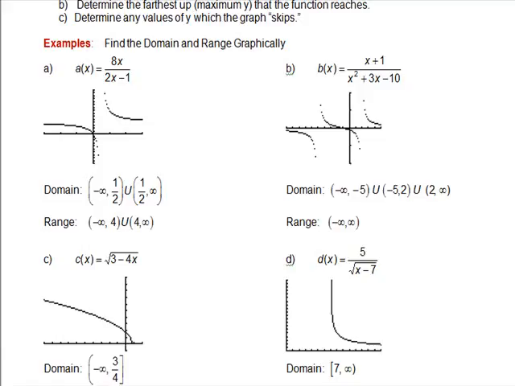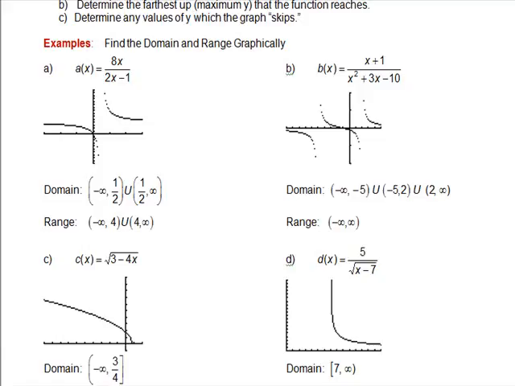So what happens is the domain is broken into two pieces. The first piece goes from negative infinity on the left up to 1/2 on the right. The second piece starts at 1/2 on its left and then goes to infinity on the right. And I wrote this in interval notation. Remember, the way we do interval notation is left endpoint of the interval, comma, right endpoint of the interval.